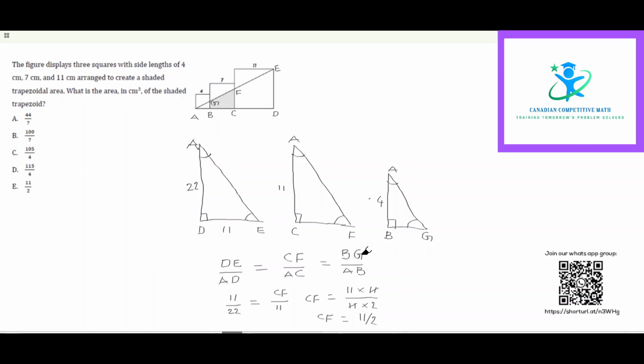Next, what is BG? Again, 11 by 22 equals BG by 4. So BG equals 11 times 4 by 22.